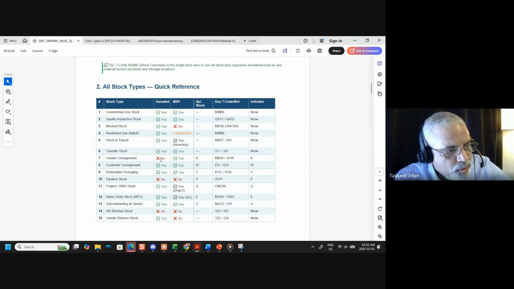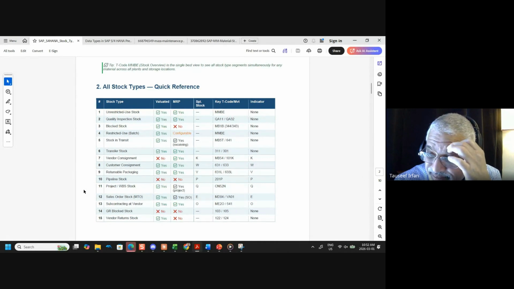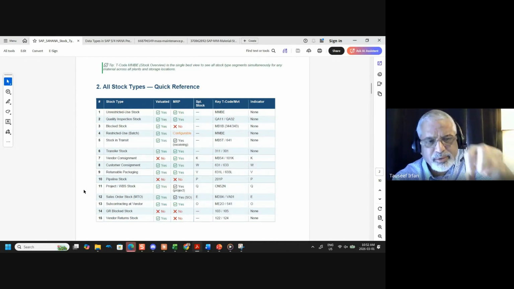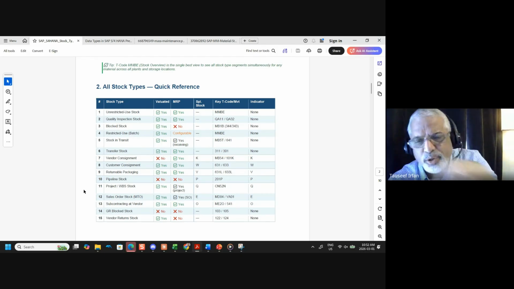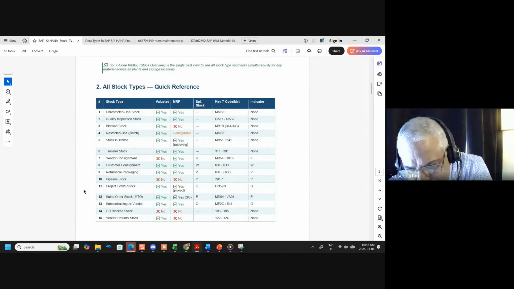The moment you do a transfer posting in SAP and you move the vendor consignment stock to the unrestricted stock, immediately it will show up as valuated, because you took some part of the consignment inventory and you used it or you sold it. You cannot directly do that. You have to do a transfer posting in SAP saying, I want this part of consignment to be known as unrestricted.